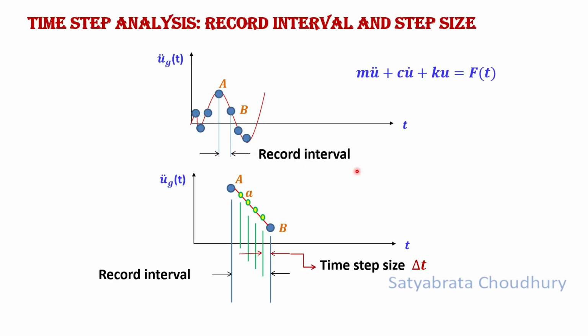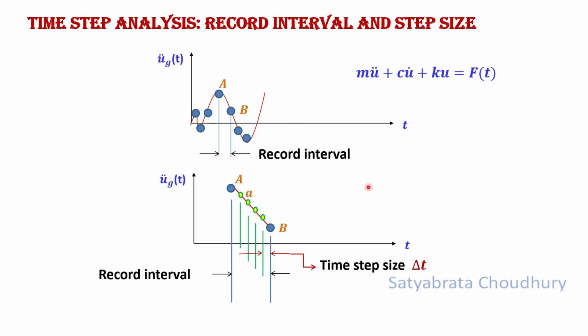In earlier days, the record interval was typically 0.02 second. Now with more refined instruments, it is much lower, so it can be 0.01 or 0.001 second. When the record interval is smaller, you get a much larger number of digital records for the same time history.